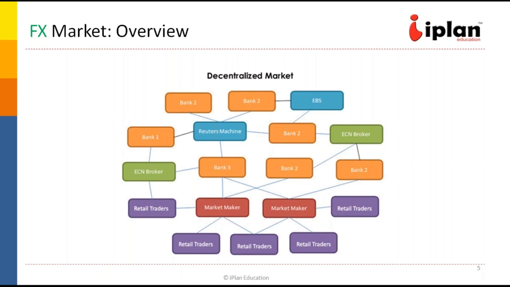Now, as I told you, the Forex market is a decentralized market. We don't have one company or one country dominating or ruling the entire market. Yes, the dollar is a dominating currency, but there is no centralized system like we have in the stock market. In the stock market, we have a hub and spoke model.